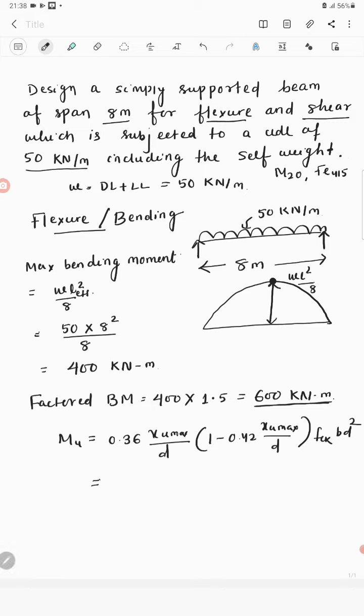So what is the corresponding value of Xu max by d? This value Xu max by d depends upon the grade of steel. As per the code, it depends upon the grade of steel. Okay, so what is the value? It is 0.48.